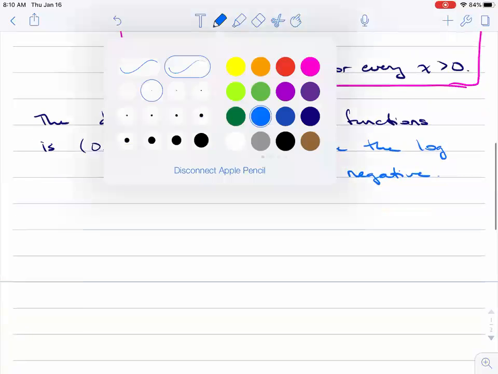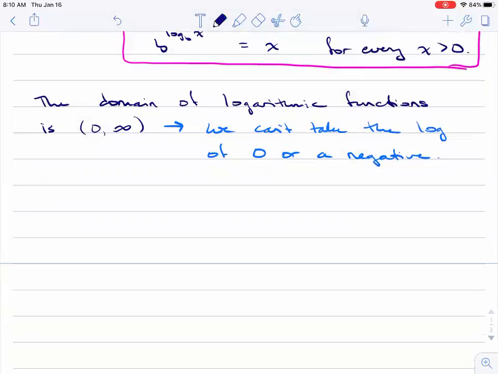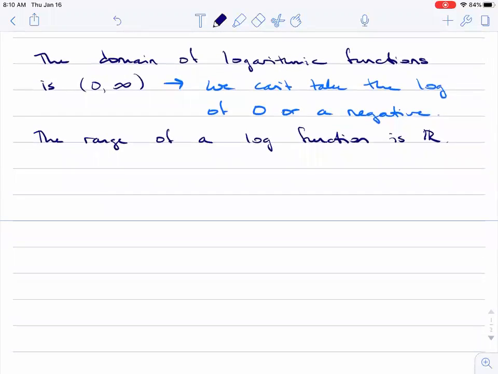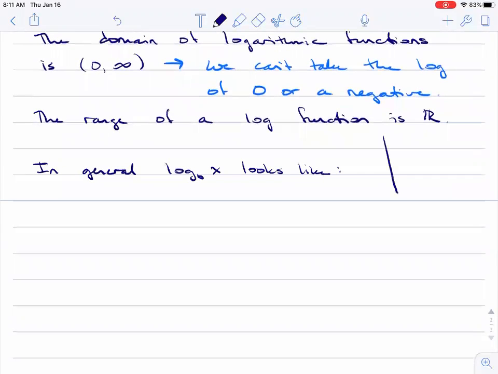And so, the range of a log function is the set of real numbers. And so in general, log base b of x looks like this.